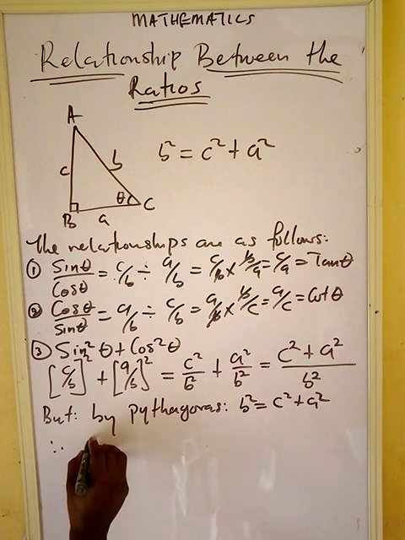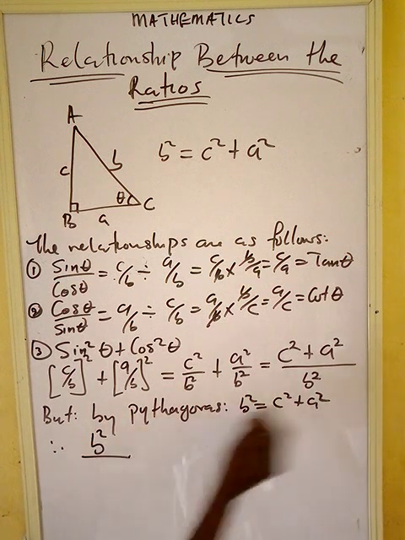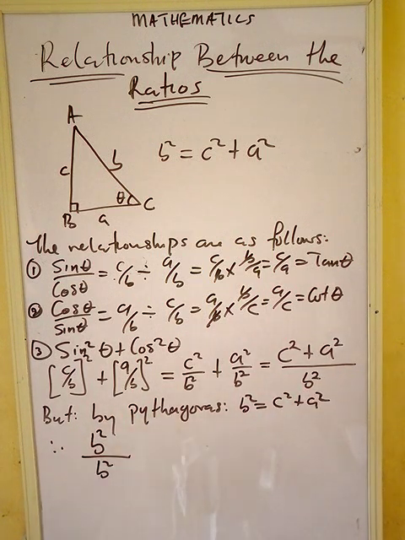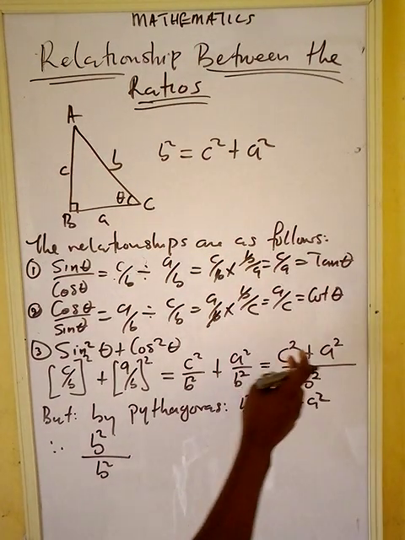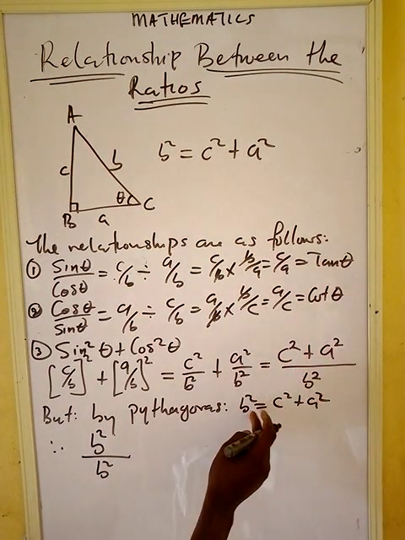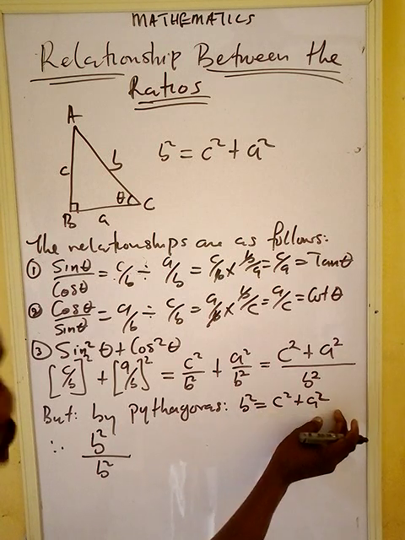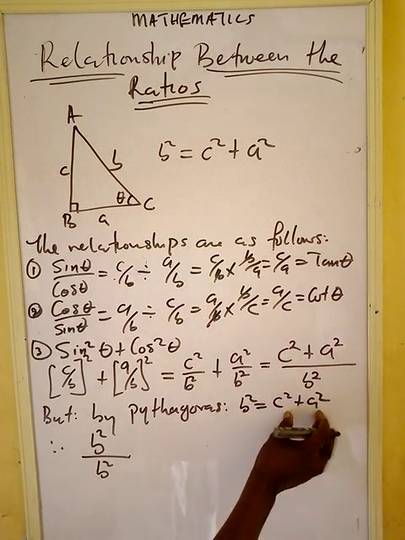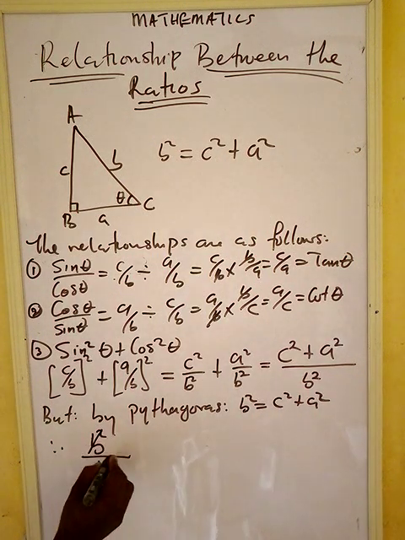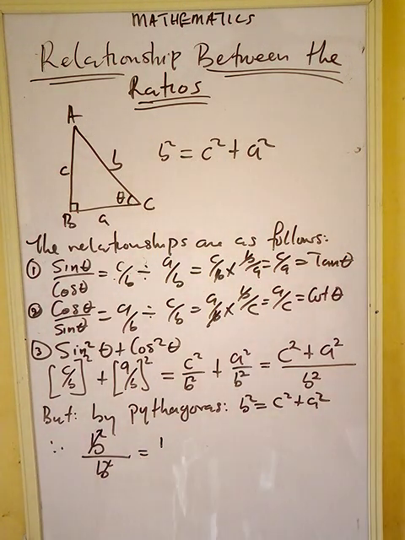Therefore, anywhere you see c squared plus a squared, it is the same as b squared, because b squared is equal to this. Then we replace this by b squared. So b squared cancels b squared, and what we have is 1.